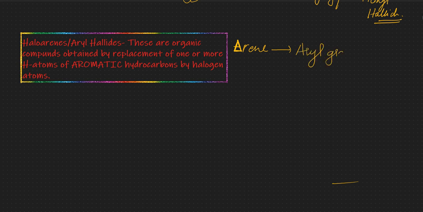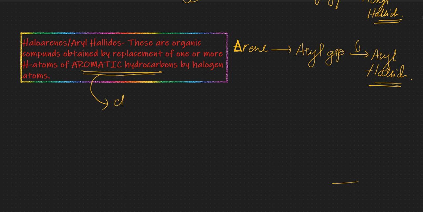And if you add a halogen atom, it will be an aryl halide. The definition is quite the same. The only difference is that in haloarenes, we are talking about aromatic hydrocarbons, which are closed chain structures.